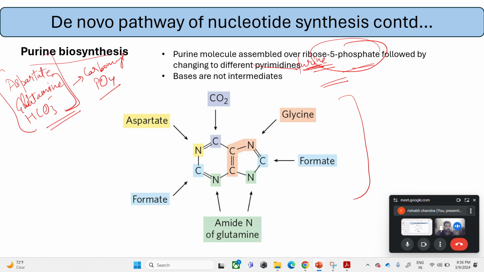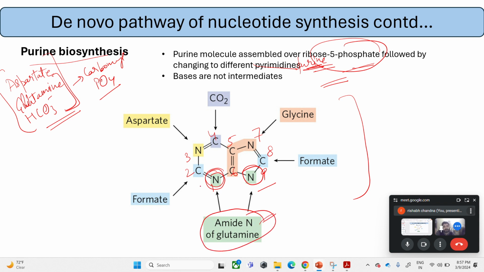Now talking about the purines, there are different molecules that help in the synthesis. Starting from here, this is the first nitrogen. The first and the ninth nitrogen come from the glutamine amide.